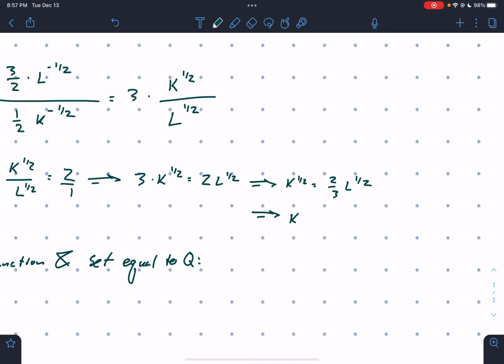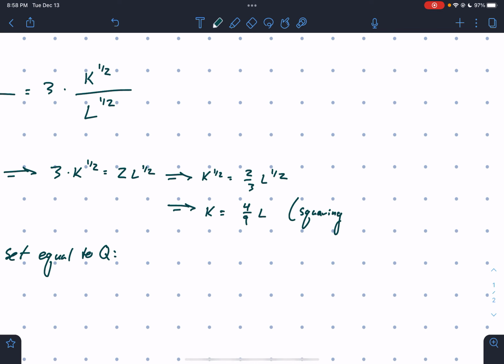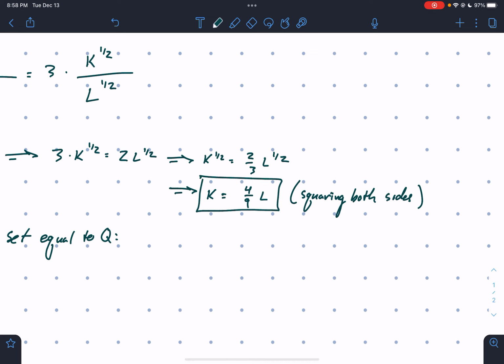And I get K is equal to, so I square this fraction, I get 4/9 times L. All right, so this is the tangency condition.